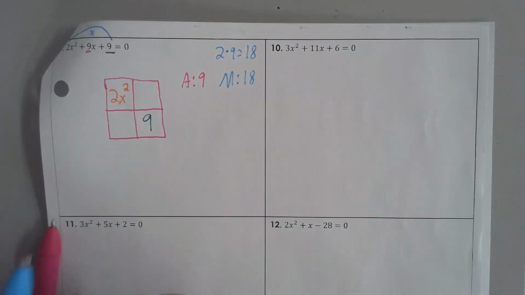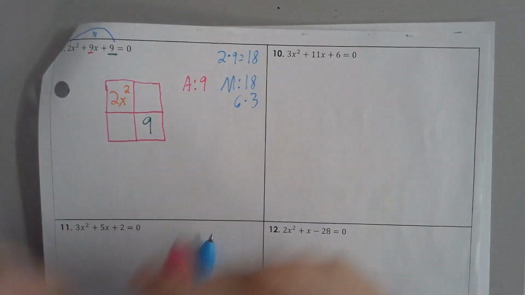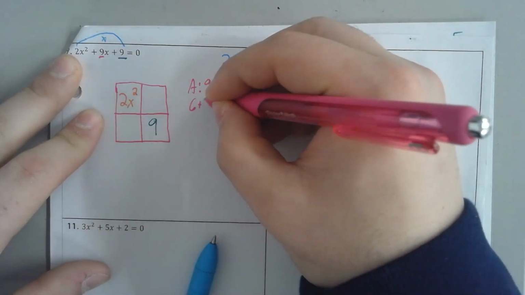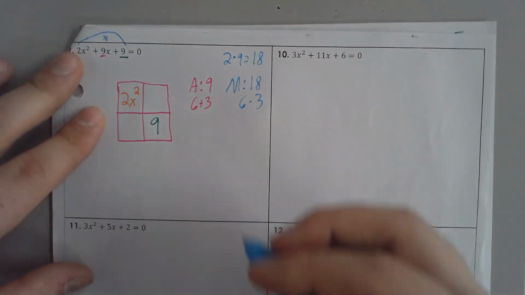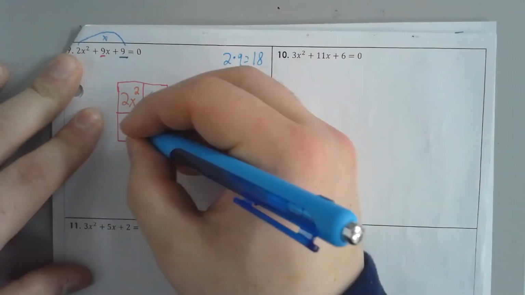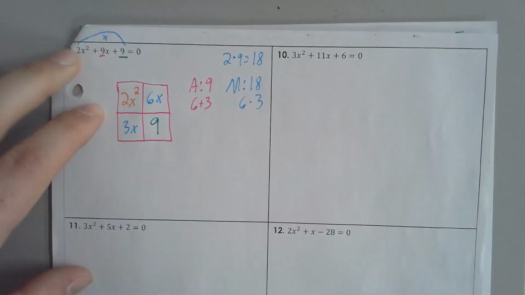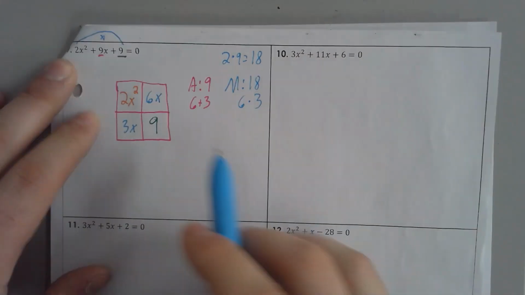So those are going to be our two factors. So we're going to put them in our remaining spots with an X. And it doesn't matter which spot you put them in. You could put 3X in the top right and 6X in the bottom left. As long as you have the right numbers, it doesn't matter for the last two which spot they go in.